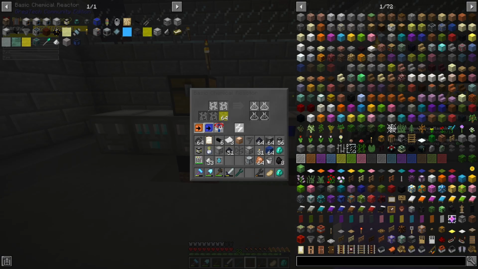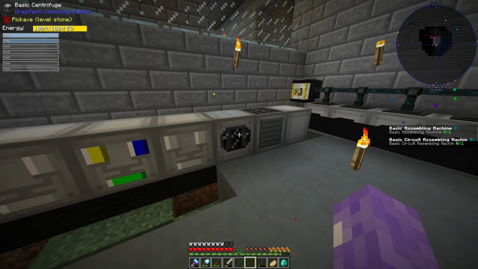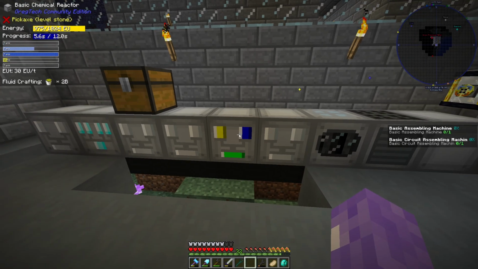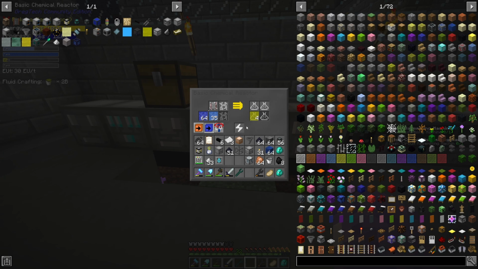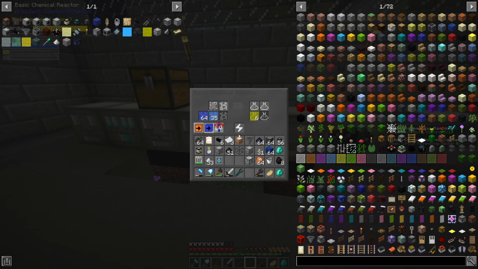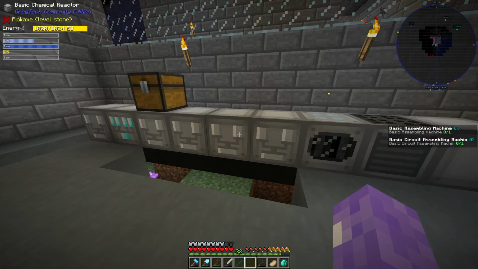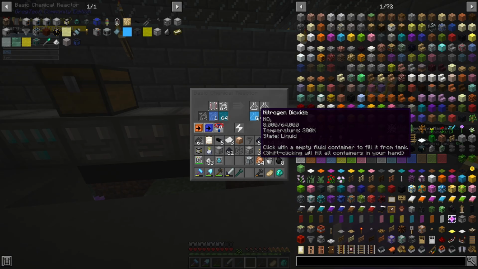This is back making nitric acid. That's good. The only problem that I'm having, this isn't outputting. This isn't getting the nitric acid. Wait, no. Nitrogen dioxide.